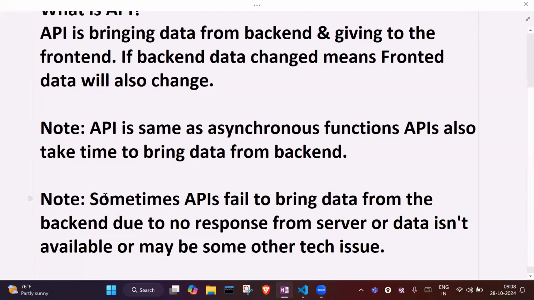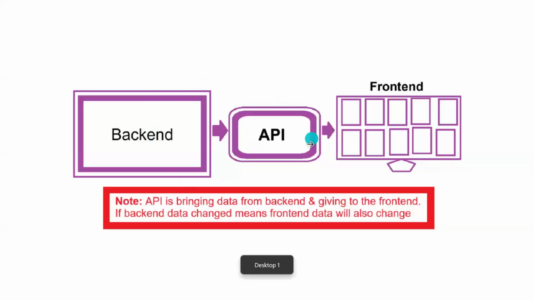There is no surety that your API will bring the data from the backend every time. Sometimes the server may be down, and sometimes the data is no longer available on the backend. So these could be the reasons why API can fail.